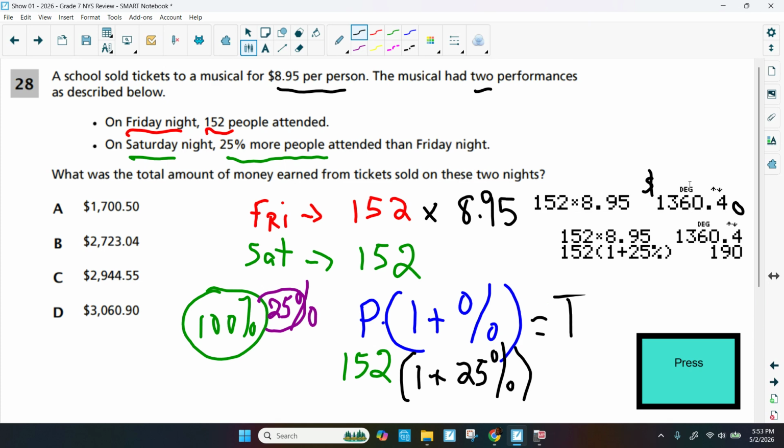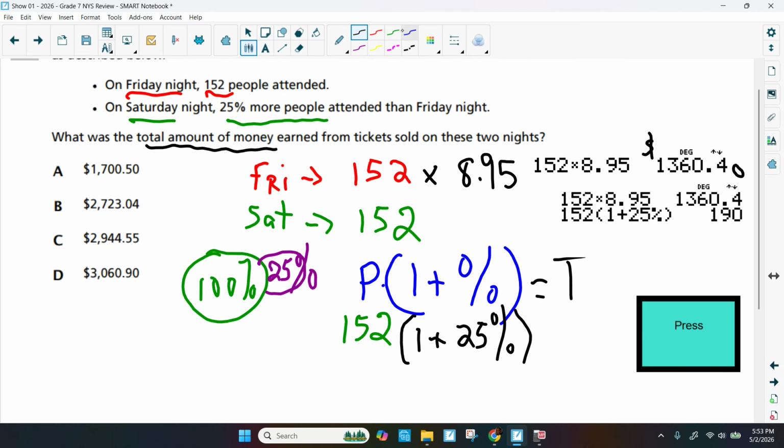But they want to know what's the total amount of money earned from selling the tickets? Well, I know there were 190 people on Saturday. So let me pull that down a little bit because I didn't calculate how much money they got. I know they got 190 people times the cost of $8.95. So let me get my calculator.